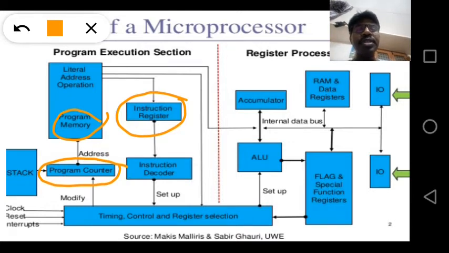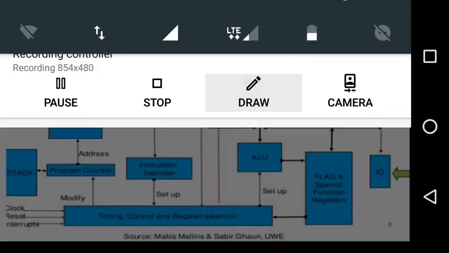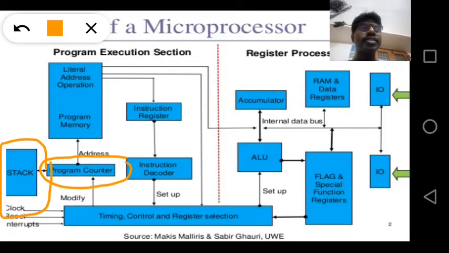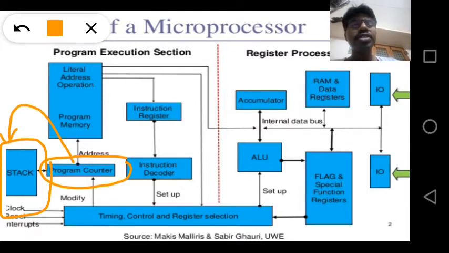See, the PC has a communication with the stack. This is important. We should try to understand why the PC communicates with the stack. Because very frequently, if you are executing an instruction and the processor gets disturbed, then the address in the PC has to be stored somewhere else just to handle the interrupt.